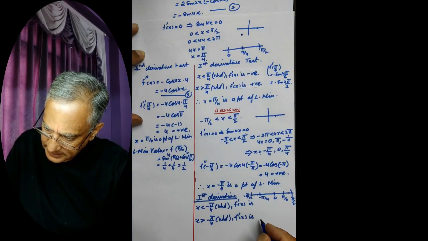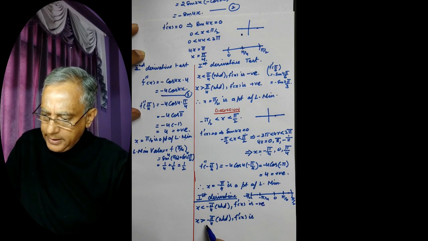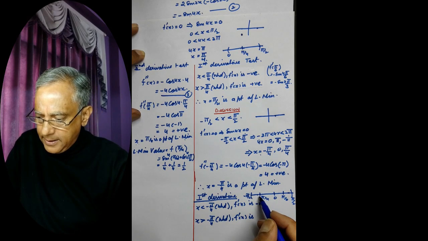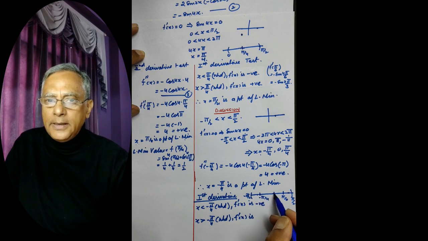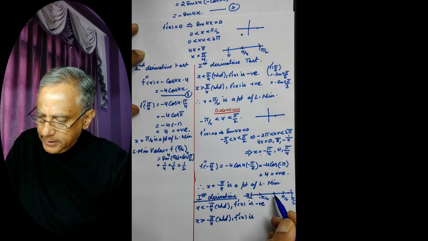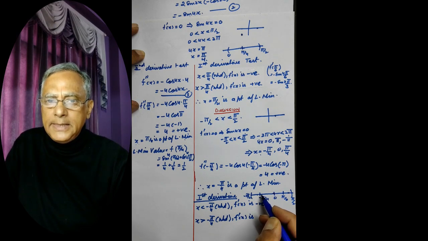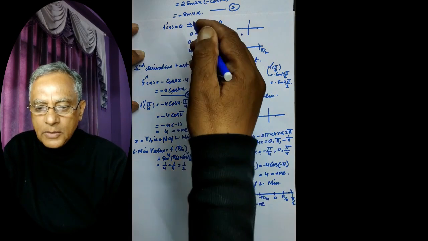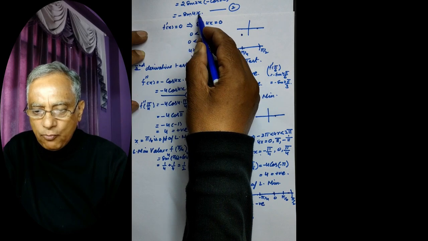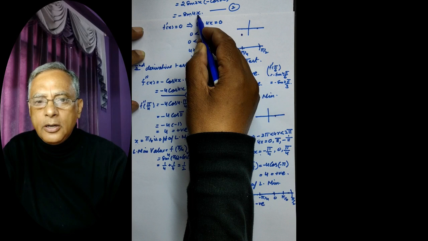And in x greater than minus pi by 4, take any point in this interval, because the sign will be the same throughout this interval. This is minus 45. In 0 to minus pi by 4, take any point, that is minus 30 degrees. So f dash of minus 30 degrees will be minus sine 4 into minus 30, that is minus sine of minus 120 degrees.